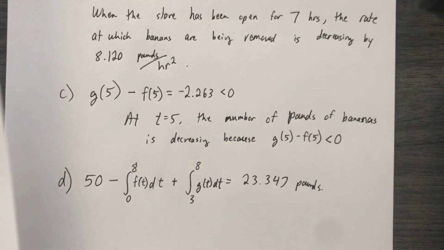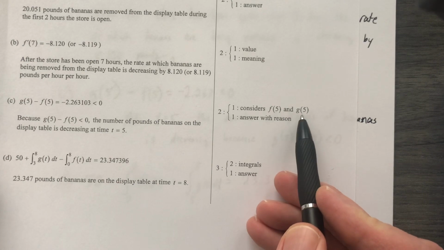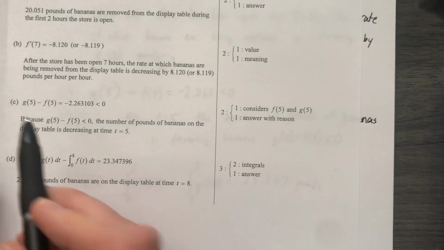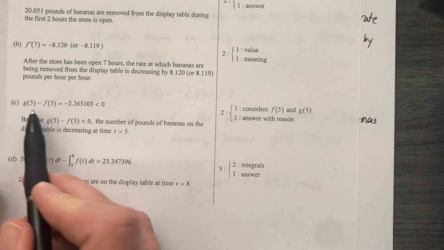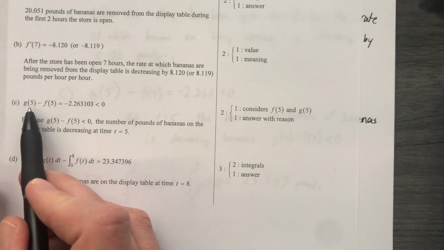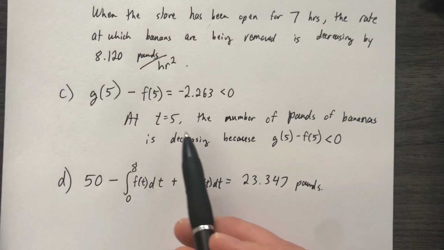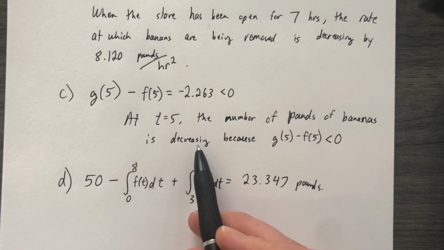Okay, part C. We got a point for considering f of 5 and g of 5. It's in some context, and g of 5 minus f of 5 is, in my mind, the most logical way to do this because replacement minus the removal. And so there we go. And then we have an answer with the reason, and this answer is decreasing.